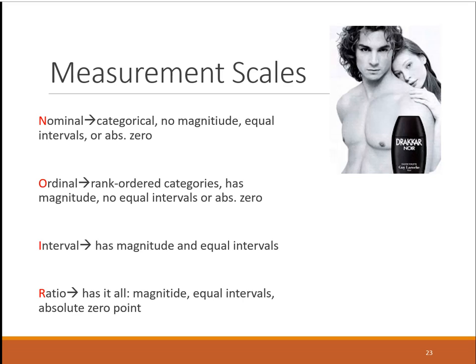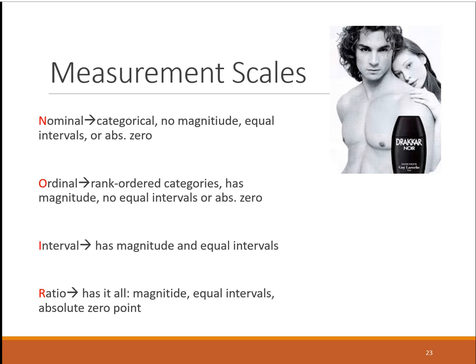So these properties combine to define Stevens' measurement scales, and you can use a mnemonic device to try to remember these: NOIR, N-O-I-R, which in French I believe means black. So here we have nominal.